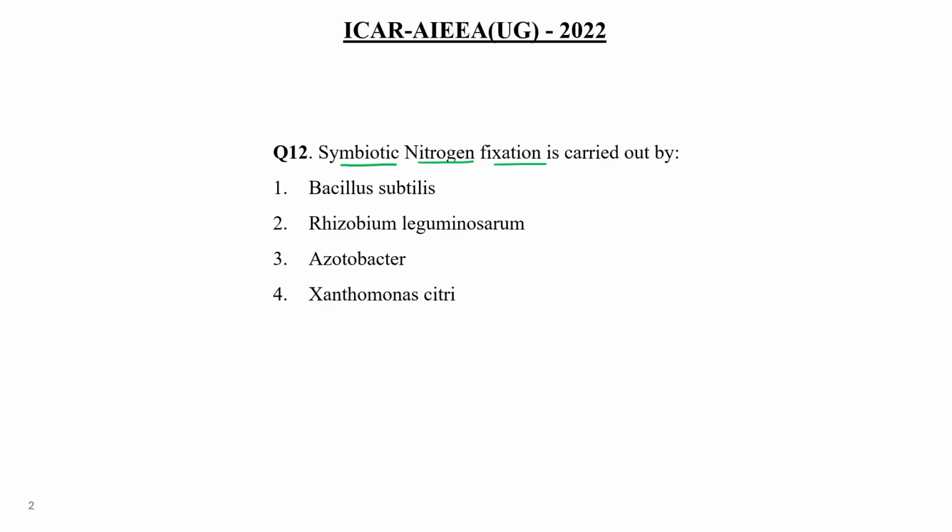It's a very easy question and a very common question as well. It comes very frequently in various competitive examinations. Out of these 4, all others are free living, while Rhizobium leguminosarum is present in the root nodules of legume plants, right? So choice number 2 would be the correct answer.